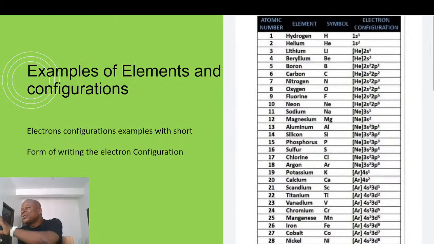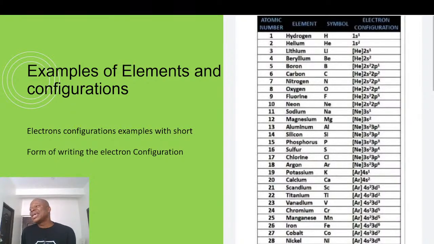That will give you 2 from helium, plus 2s2, that is 4, plus 2p2, that is 6, giving you the atomic number of carbon as 6. Now, let's go to the element that has atomic number 7, nitrogen.